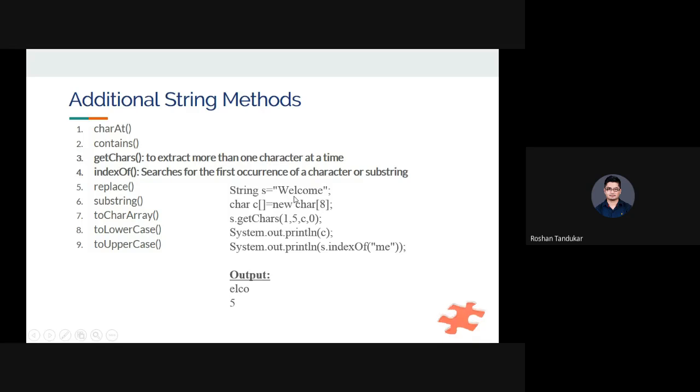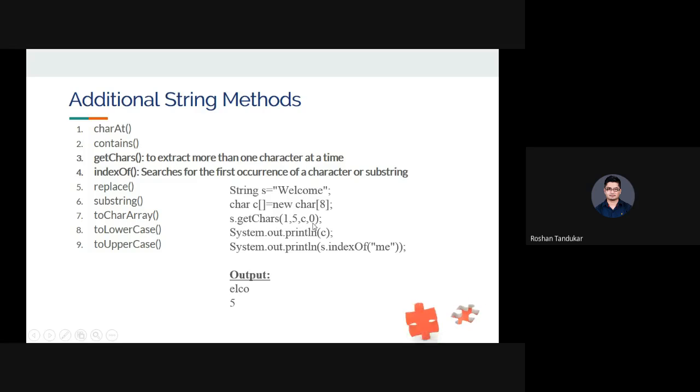Now that is index 1, index 2 is l, index 3 is c, index 4 is o. But at index 5 there is m, so it will not take the 5th index, it will go up to before the ending index. That's why it will take from 1 to 4 and it will return "elco". Now "elco" will be stored in the c array.